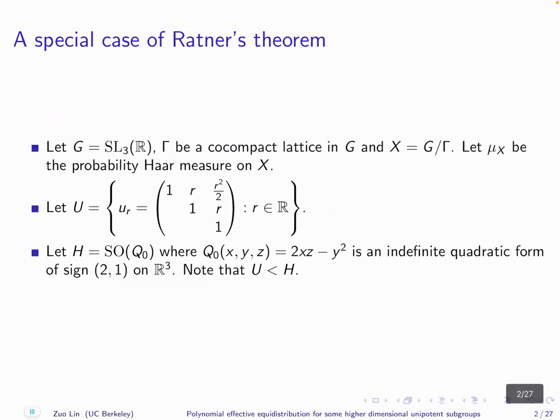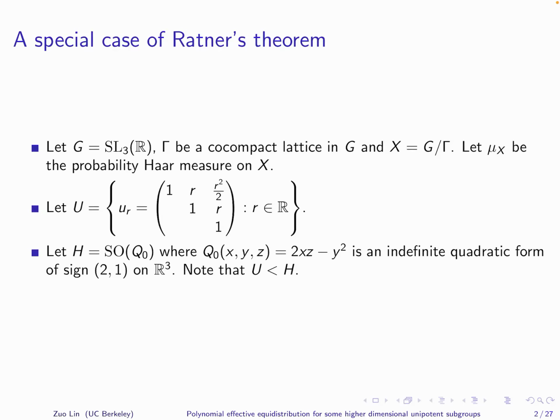The very specific case that I would like to look at in the beginning is the following. I'll let G be SL3(R) and Gamma, just for simplicity, I will choose it to be a co-compact lattice. You can choose it to be non-uniform if you like. Then you need to modify the later theorem a little bit, but I'll talk about that in detail later.